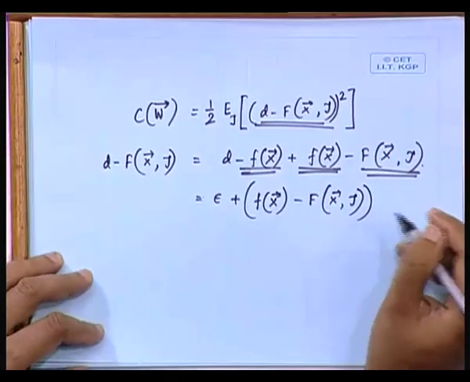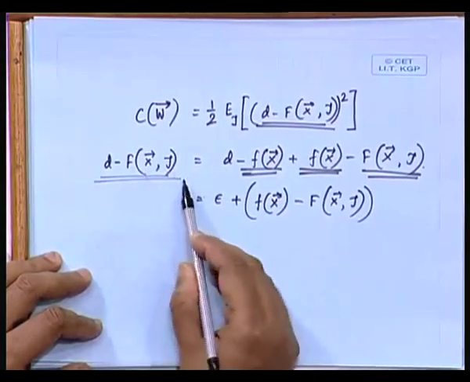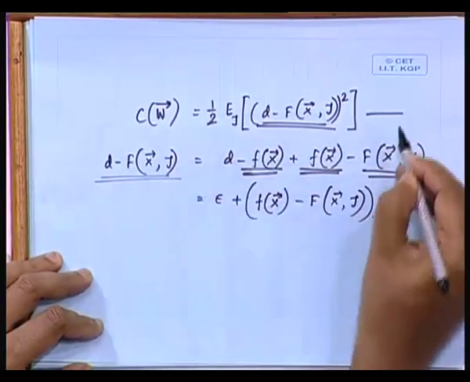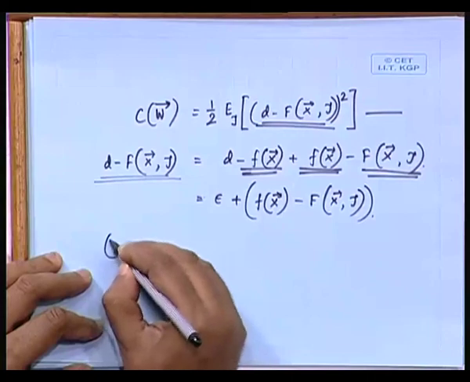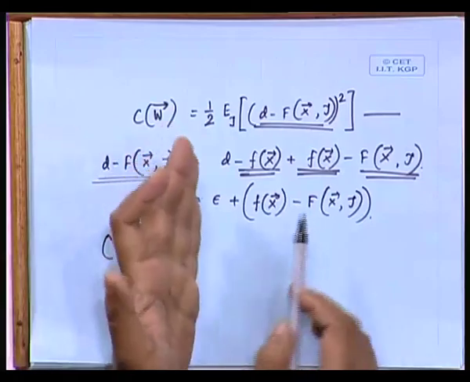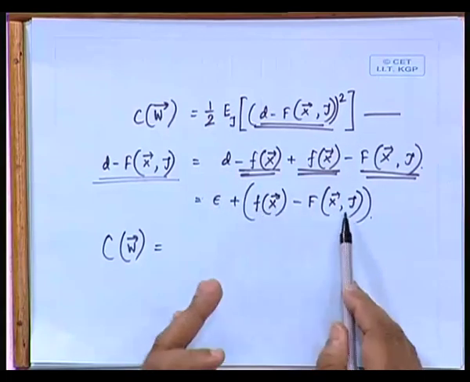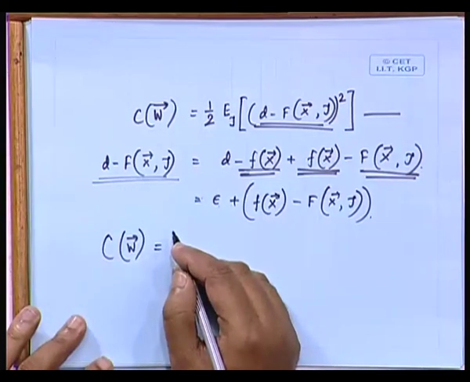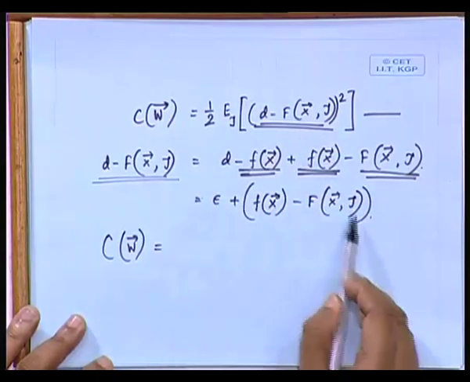All right. So, now if I substitute this expression for d minus F(x, T) into the expression for C(w), what do we get? Instead of d minus F we write epsilon plus f(x) minus F(x, T), and that leads to many quantities, in fact this plus this whole squared form.